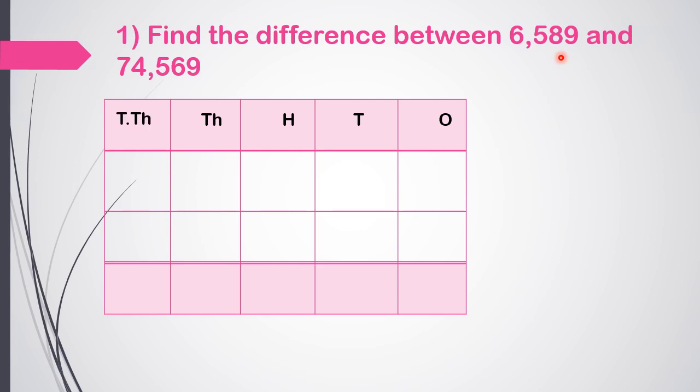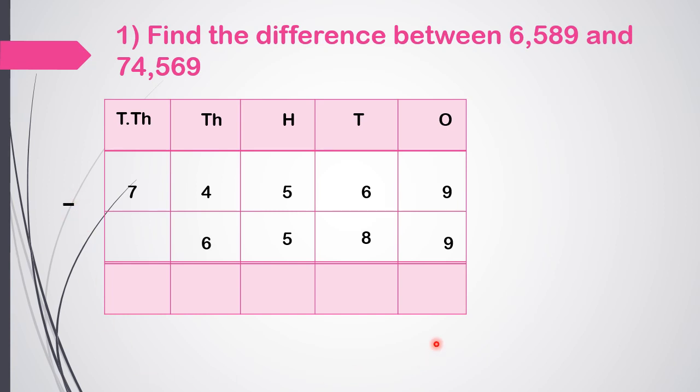Now we write the bigger number, 74,569, according to their place values. Now write the smaller number according to their place values. Here the place value of 6 is thousands, isn't it? So we have to start from the thousands column. So 6,589. Then the subtraction symbol.